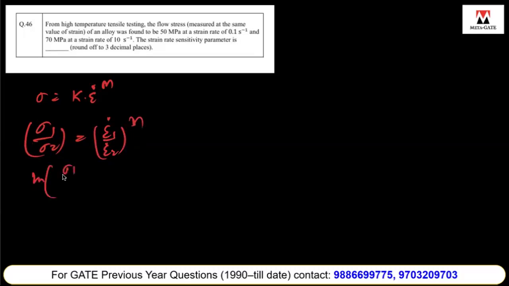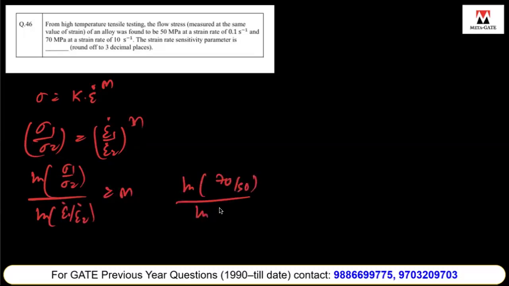So ln of sigma 1 by sigma 2 by ln of epsilon 1 dot by epsilon 2 dot is equal to m. So ln of 70 by 50 by ln of 10 by 0.1 is equal to m. So you get ln 1.4 by ln 100. The m is equal to 0.073.